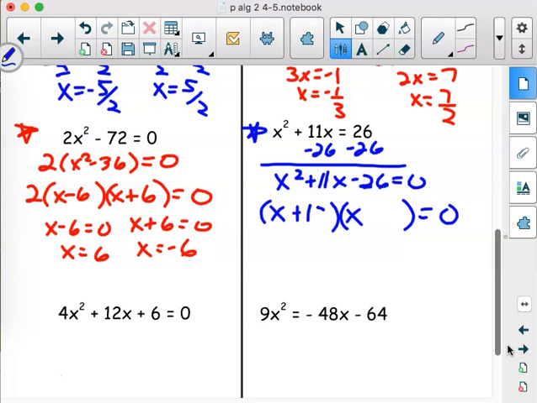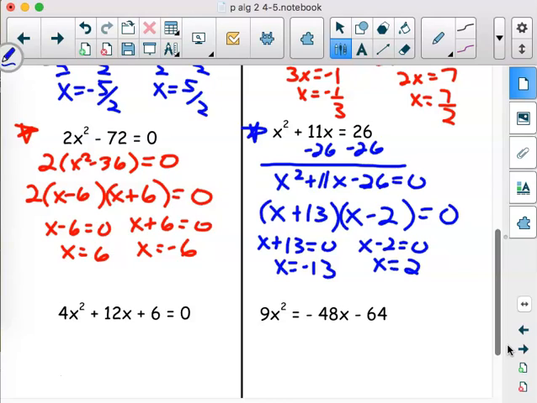Yes. So we keep going because we're looking for the zeros. So we'd get negative 13 and positive 2. Those would be our zeros.